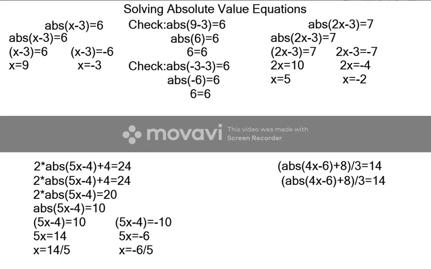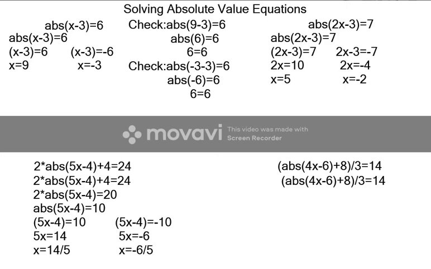Alright, so now we just want to do the same thing. Basically what we do first is disregard the absolute value, because that's what comes last, because we're doing the opposite order, which is SADMEP, like I said earlier. So we see a division sign, divided by 3 with the whole expression, so we want to get rid of that first. If we have a division sign, we multiply both sides by 3 to get rid of the 3.